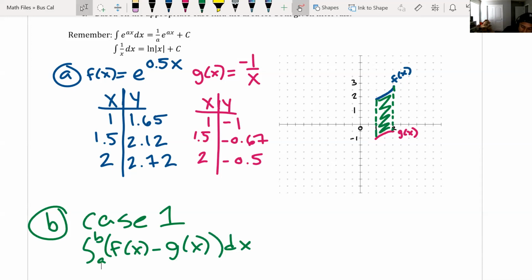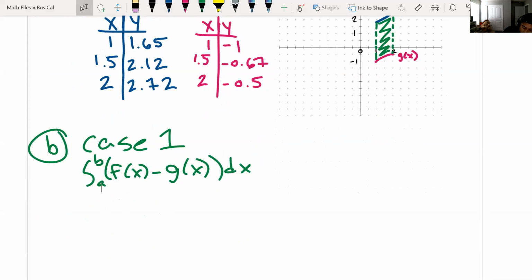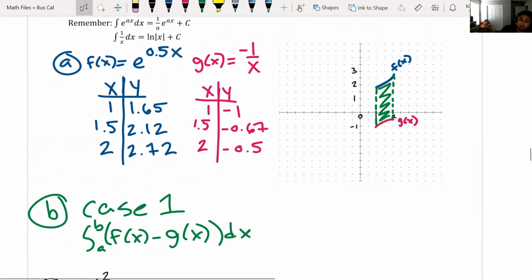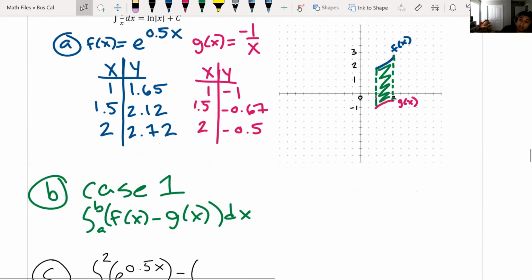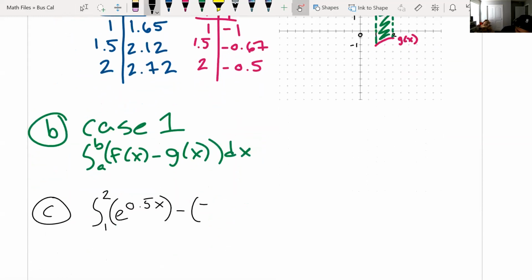Okay, well, let's set it up. We're going to have the integral from 1 to 2 of f of x, which is e to the 0.5x, minus g of x, which is -1 over x, dx.